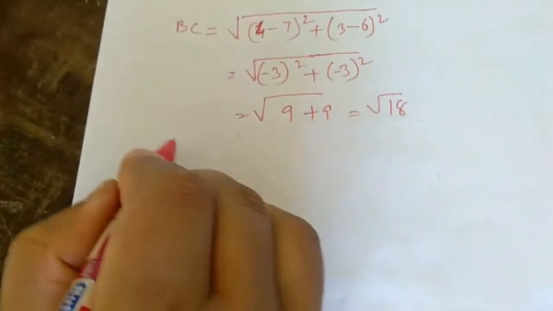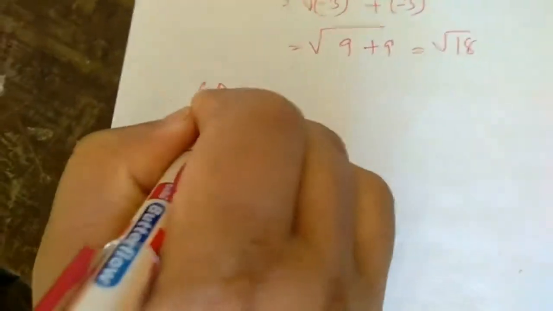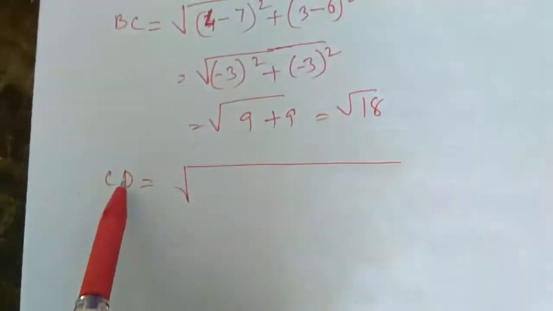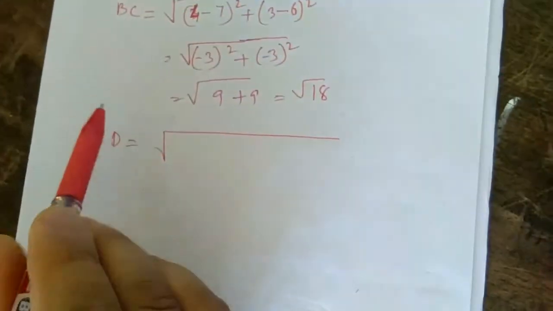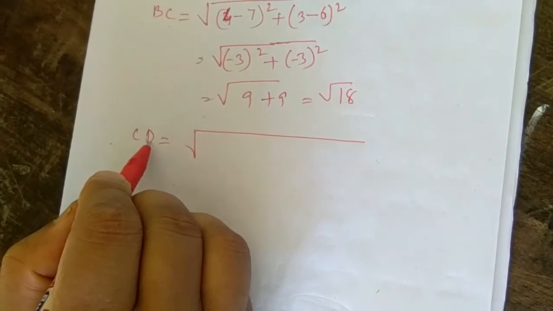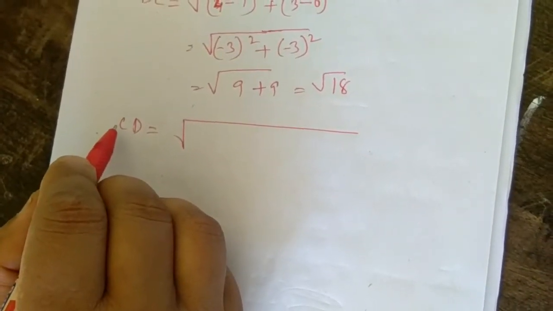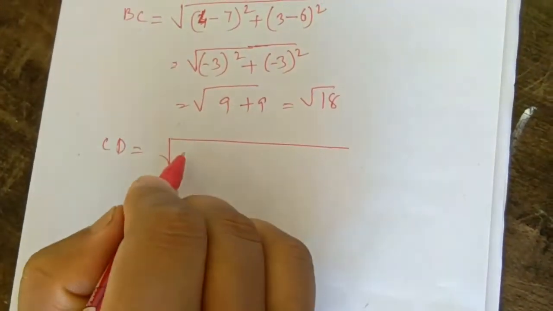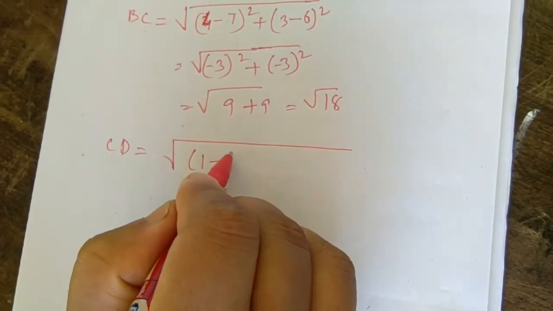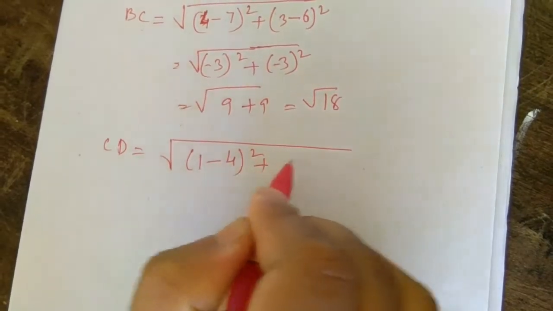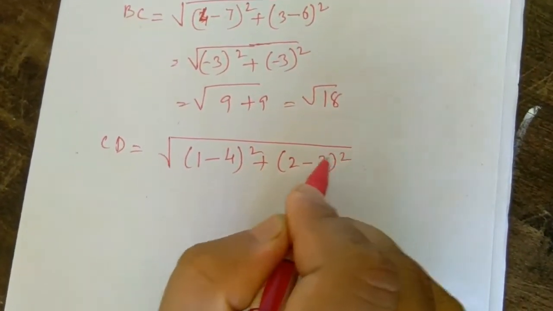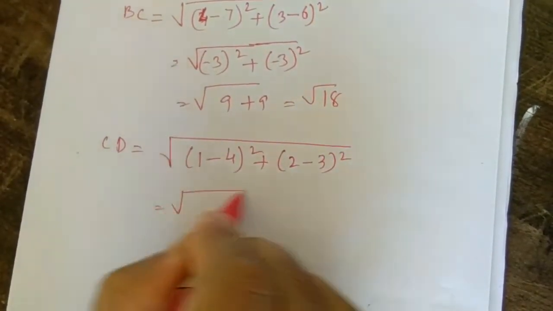Next you find CD now. CD, compare between C and D. CD means distance between C and D. The coordinate of D will be your x2, y2, C will be your x1, y1. See here x2 means 1 minus x1 means 4 whole square, y2 means 2 minus 3 whole square.